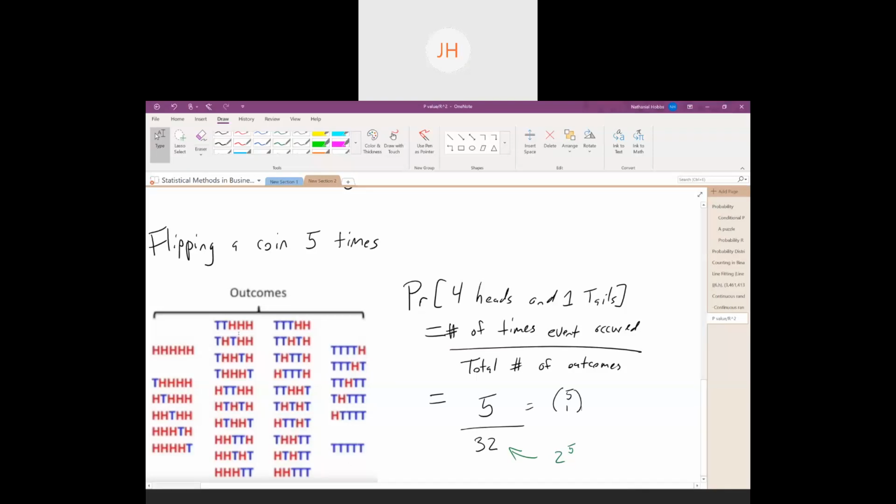And for example, here, two tails. This part is 5 choose 2. If you count them, this is 1, 2, 3, 4, 5, 6, 7, 8, 9, 10. So that's equal to 10. That happens to be 5 factorial over 2 factorial times 3 factorial, which is 5, 4, 3, 2, 1 over 3, 2, 1, 2, 1.